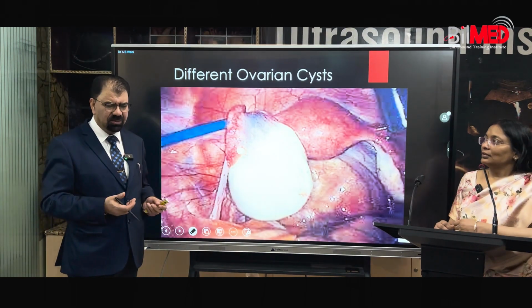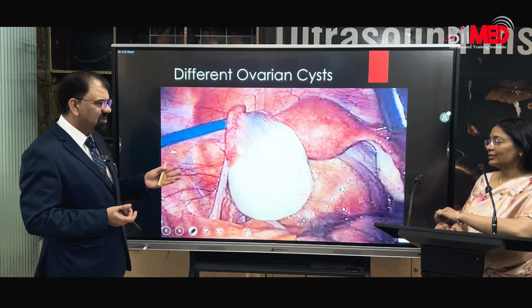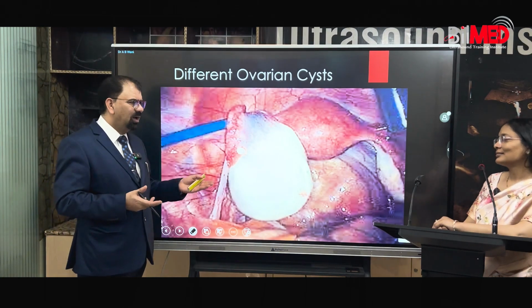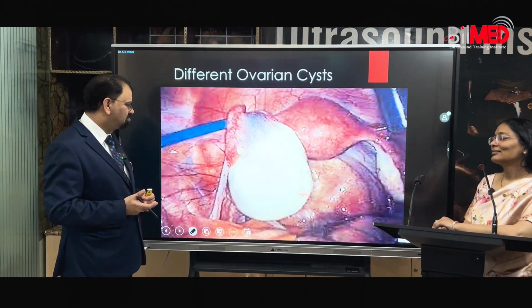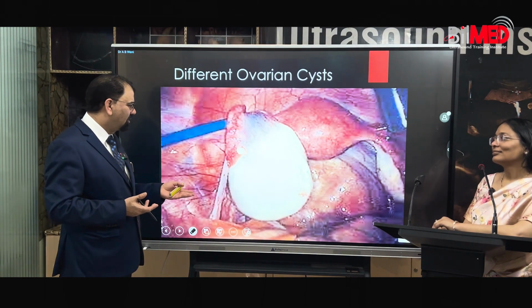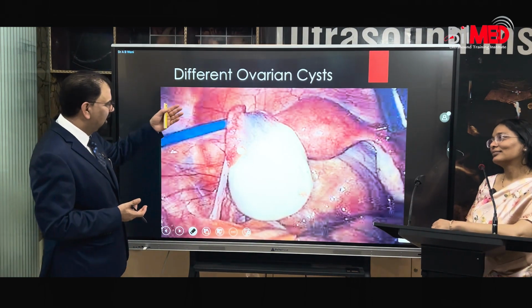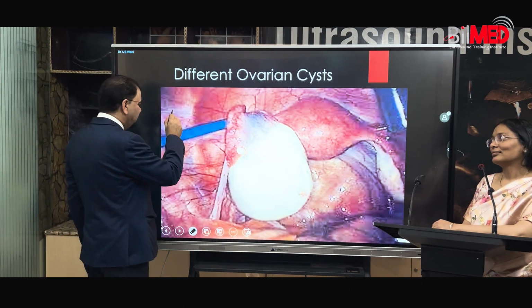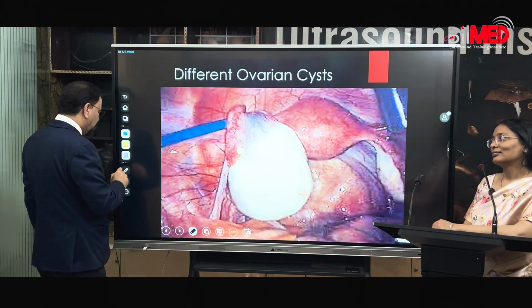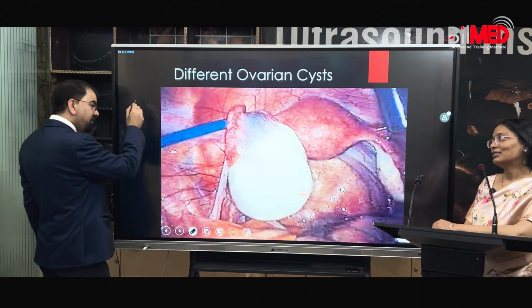So the next point is different ovarian cysts. Now let's keep this for some other day, because this will take about 40 or 50 minutes. Here in ovarian cysts I have to see whether I am dealing with a simple ovarian cyst, and differentiate it.